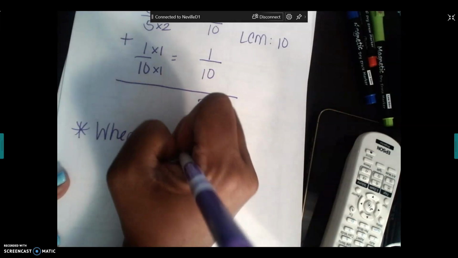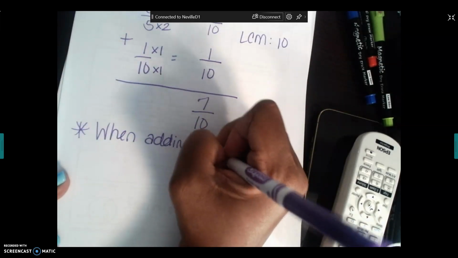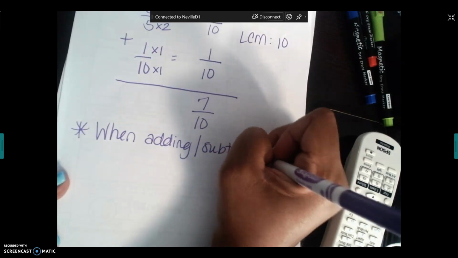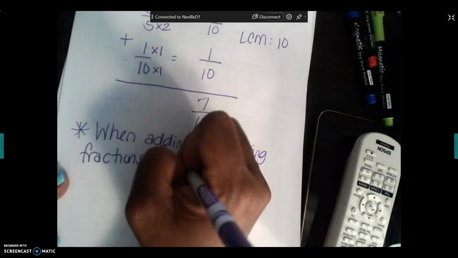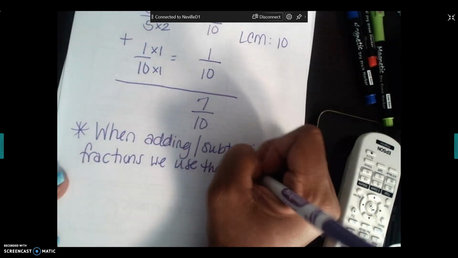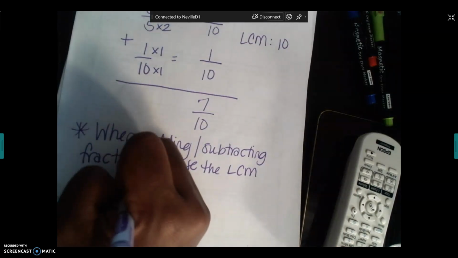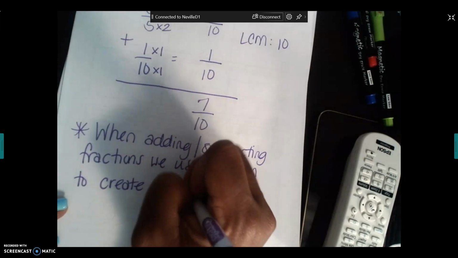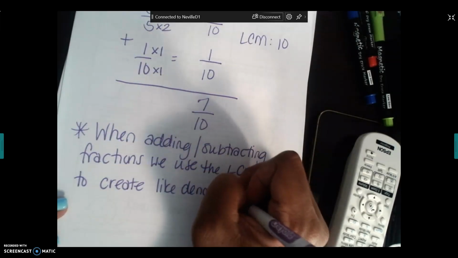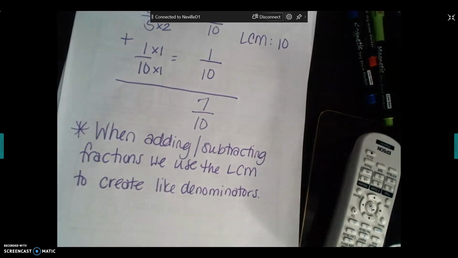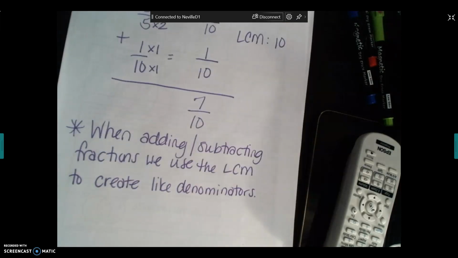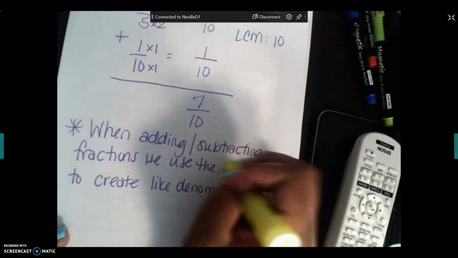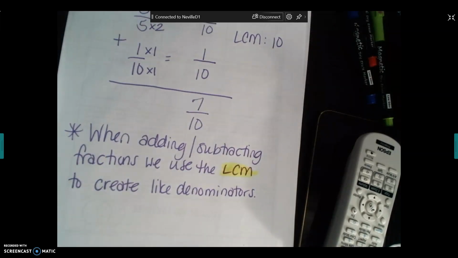When adding and subtracting fractions, we use the LCM to create like denominators. I'm actually going to, sorry y'all, highlight that. You should too.